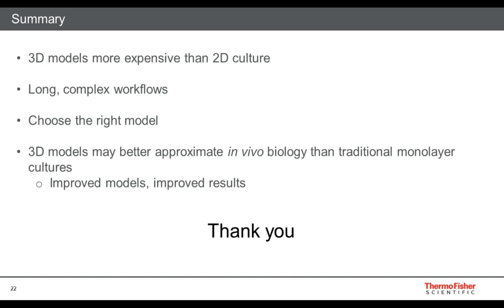However, putting them into 3D is reported to help improve the level of maturity and function that these cells can achieve in vitro, at least within a relative amount of time. Extended cell cultures may also help better mature these cells, but we don't always have the ability to culture these for 6, 8, 9, 10 months at a time for that to happen.